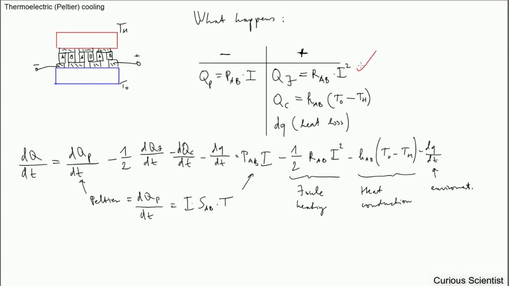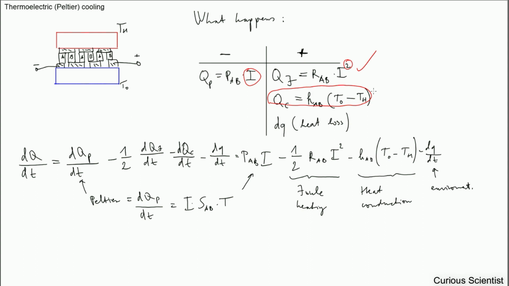You have to choose the proper current in order to be able to cool down your device, because if you use too high current, due to this quadratic term, you will overcome this linear term, and then instead of cooling, you will heat up your device just by running too high current through it.